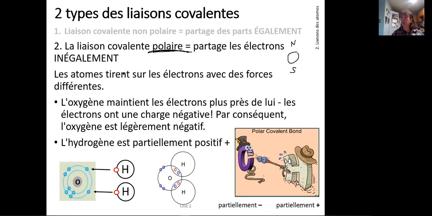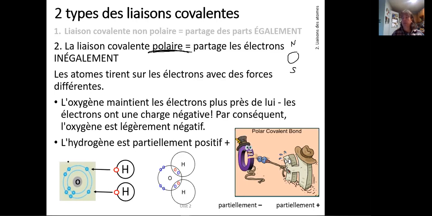They're unequal. Atoms pull on electrons with different amounts of strength. Oxygen will hold electrons closer to the nucleus than some other types of atoms.